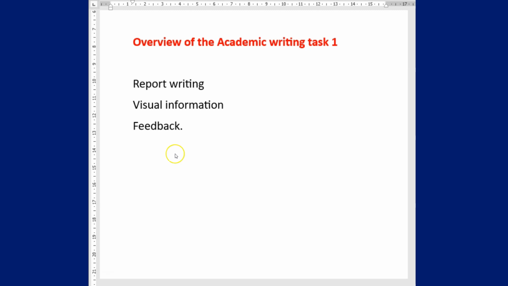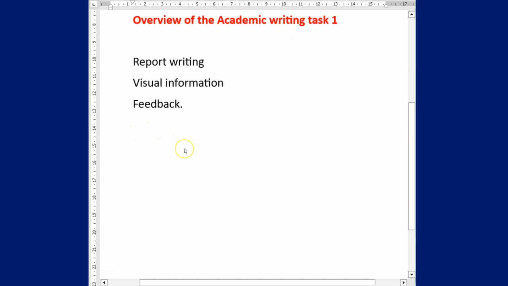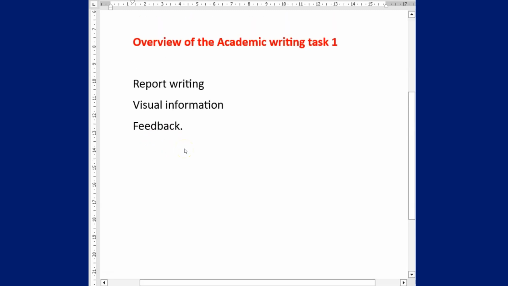So in relation to the IELTS, these board of directors are the examiners. The examiners will check your presentation based on what you have written and send you feedback. So if you want to do better in the test, your essay should be clear and easy to understand.